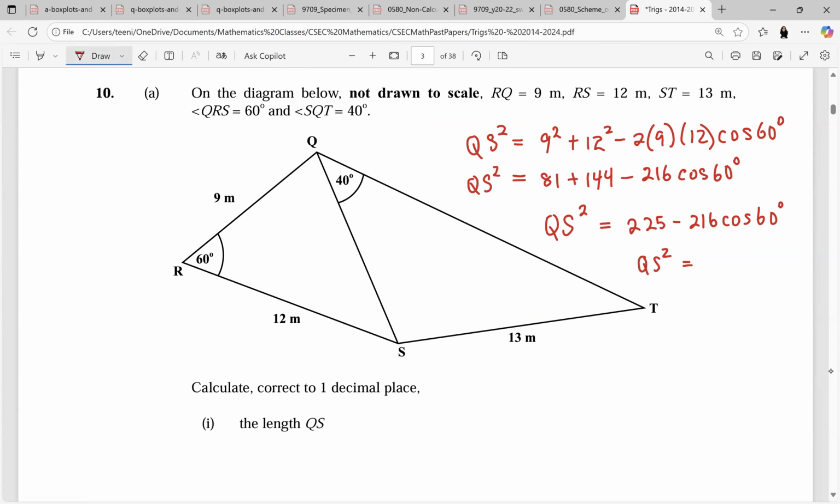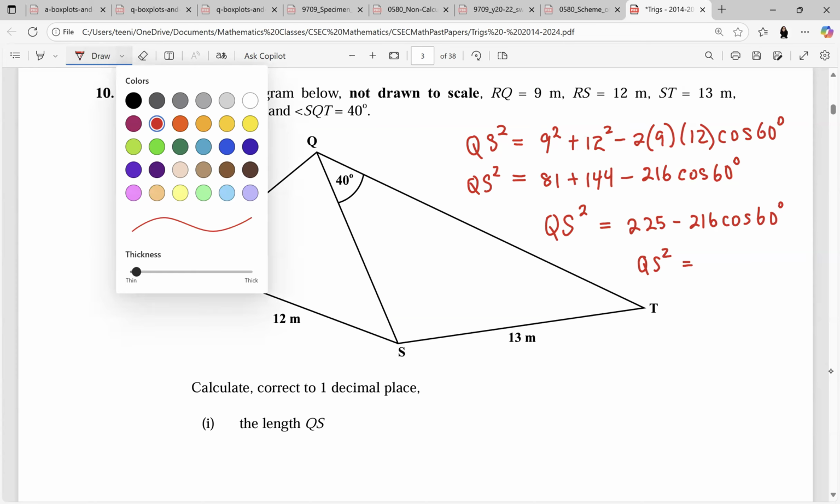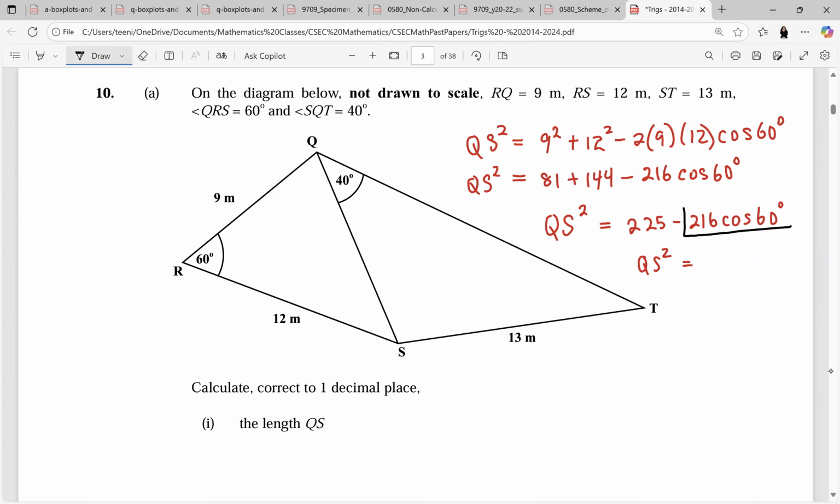So you'd actually have to do 225, take away 216 times cos of 60. So this doesn't work out separately. It'll be 225, take away 216 multiplied by cos of 60. This is one term by itself. Everybody, that's something to note.